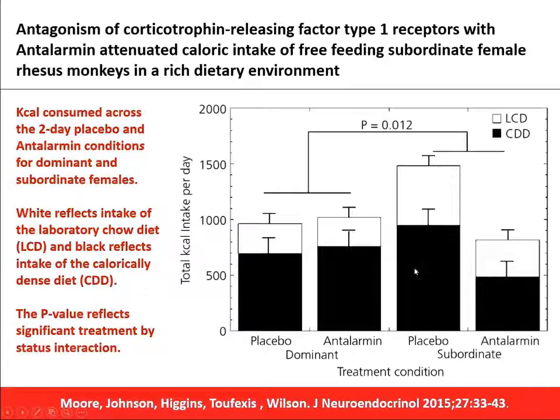And monkeys that want to eat the high-fat diet don't want to eat the high-fat diet when they're subordinated if they have CRH antagonists on board. So again, the dominant monkeys are not that motivated to overeat. The subordinated monkeys are. And when they have CRH antagonists in their blood to reverse the CRH signal, they actually start to look more like normal eaters.